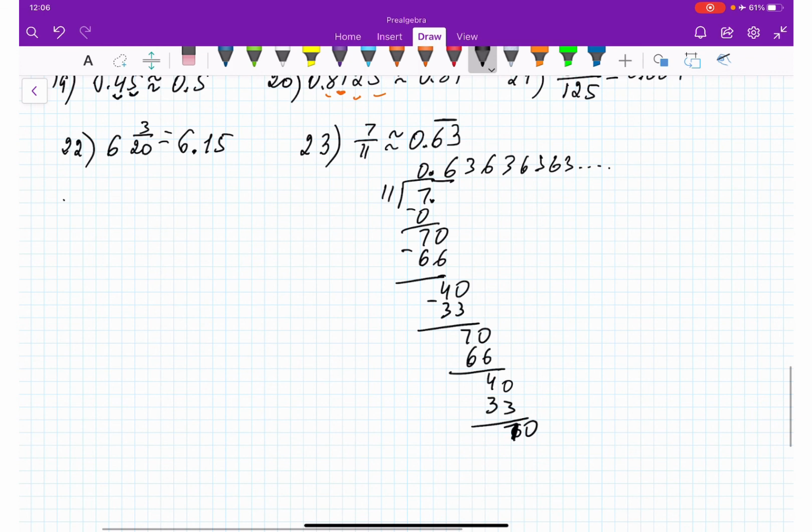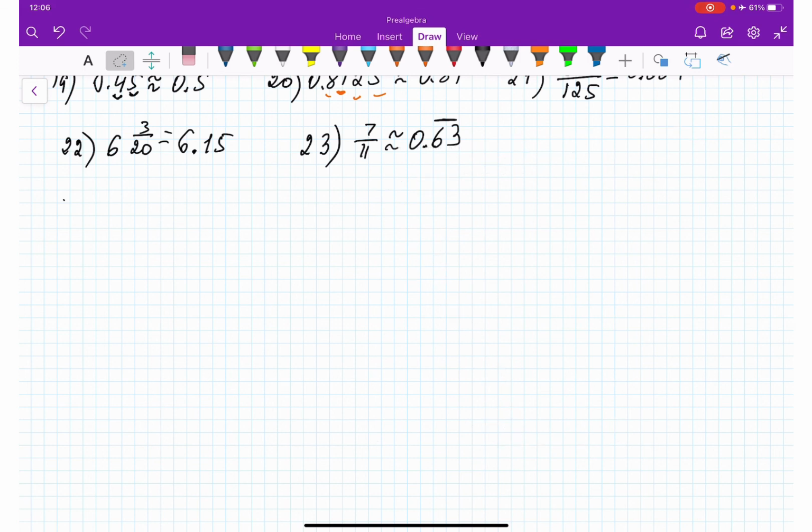Last one, 7 over 16. So 0 times, right? 70 divided by 16, how many times?